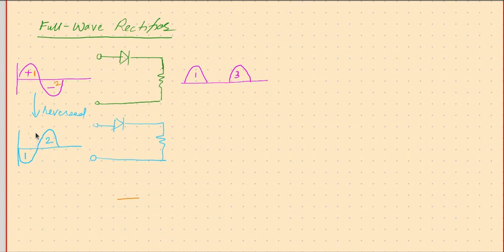Just reverse the polarity. So if this is V, this is minus V. So just negate it, we get this one. And the advantage of working with this is it will not allow one, but it will allow two. It will not allow three, but it will allow four.